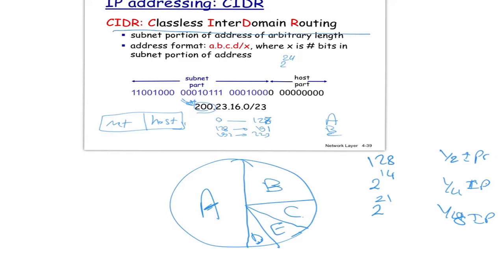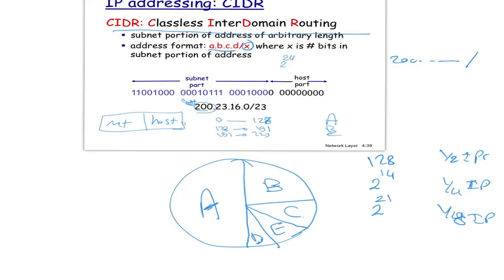In this case, we have to store the subnet mask with the IP address. So it's not enough to say the IP address is 200; you have to say slash something. That's in the routing table, not in the packet. Remember, the packet still stores only the destination address, right? Where is this stored? In the forwarding table.